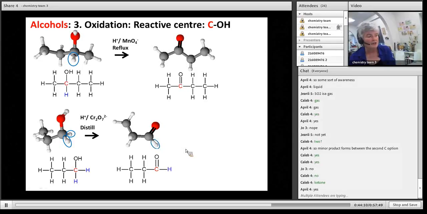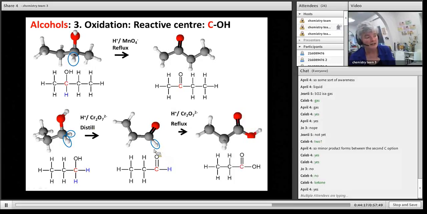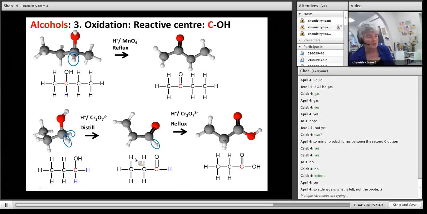However, if I have permanganate reflux, or if I have dichromate reflux, that other hydrogen will go as well, and so can you see I've lost both hydrogens and I've oxidized it further. So you can see I've added another oxygen. So the aldehyde is what's left.